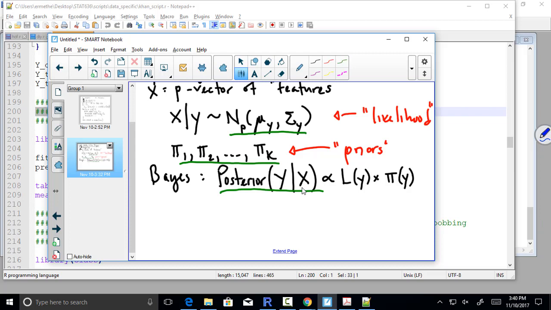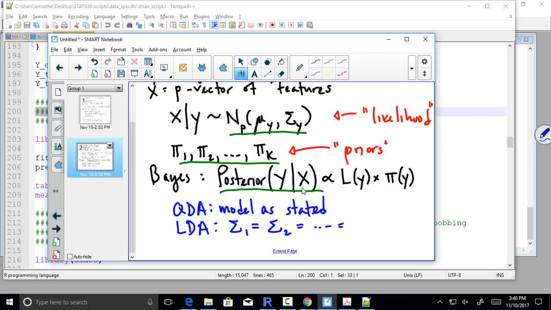So QDA is based on the above model as stated. LDA assumes that the covariance matrix doesn't change across classes.